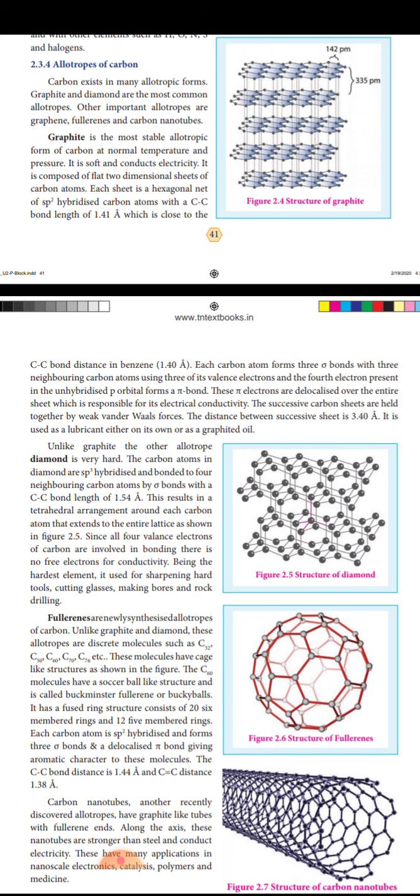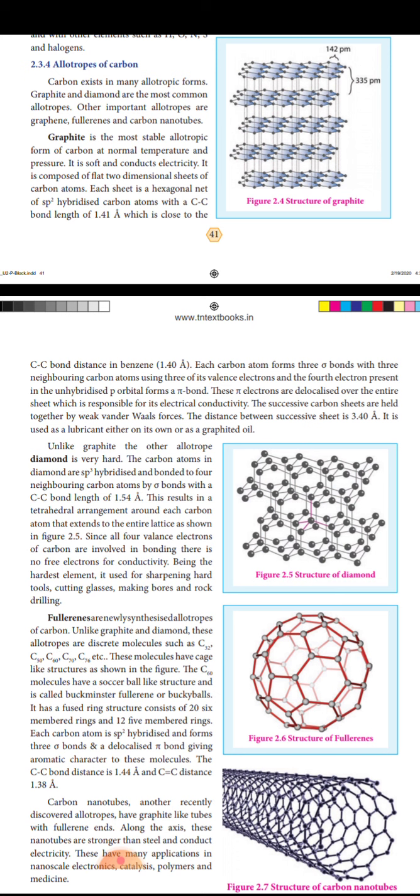The third allotropic form is fullerenes. Fullerenes are newly synthesized allotropes of carbon. Unlike graphite and diamond, these allotropes are discrete molecules such as C32, C50, C60, C70, C76, etc. These molecules have cage-like structures as shown in figure 2.6.